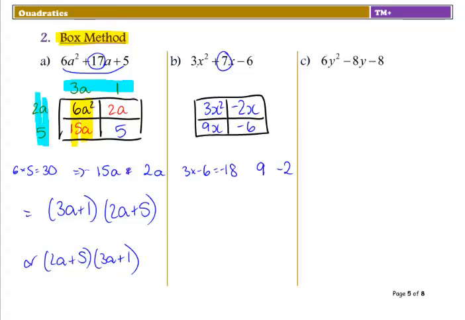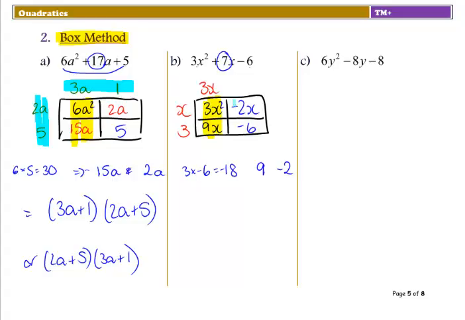Looking at my factors, across here my factor would be x. Next row my factor would be 3. Sorry about that, so that should have been 6. Now look at your column, so down this way, 3x squared and 9x would give me 3x.